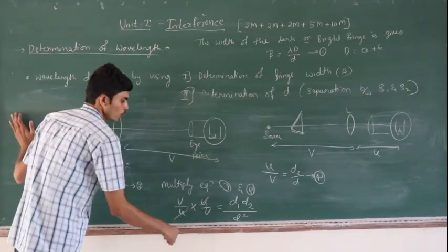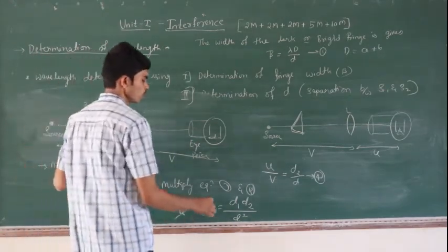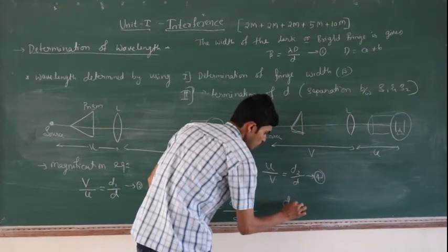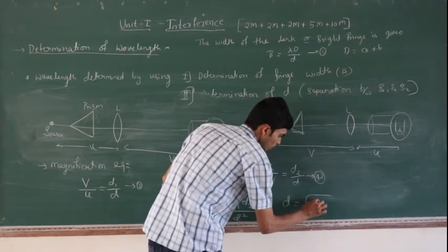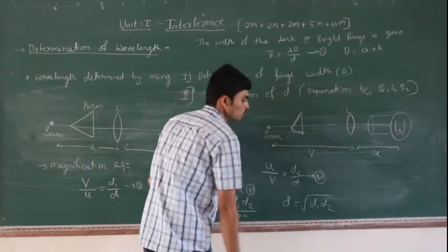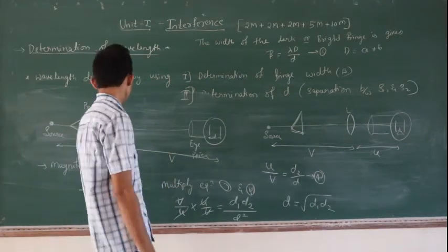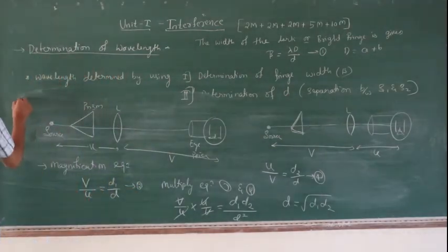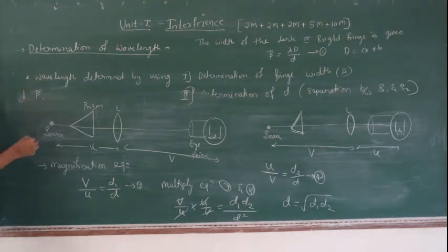So u gets cancelled, v gets cancelled, and we get d is equal to root over d1 into d2. Means we got small d value, beta value and capital D value.